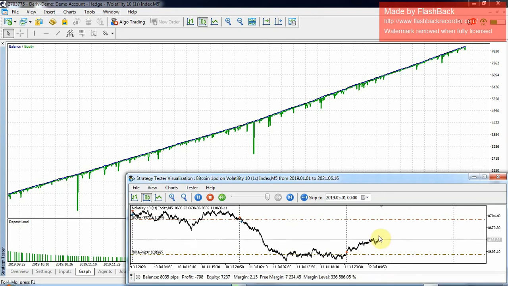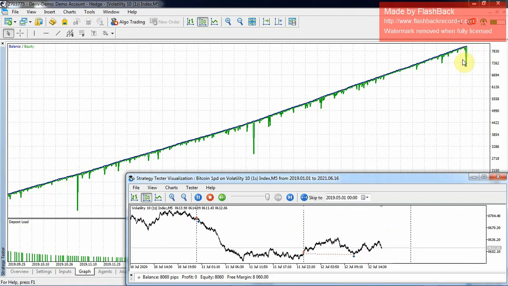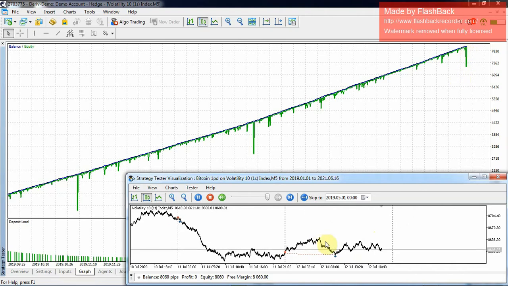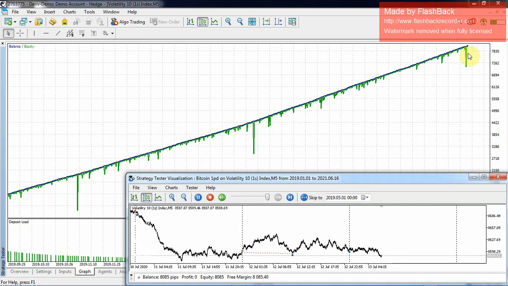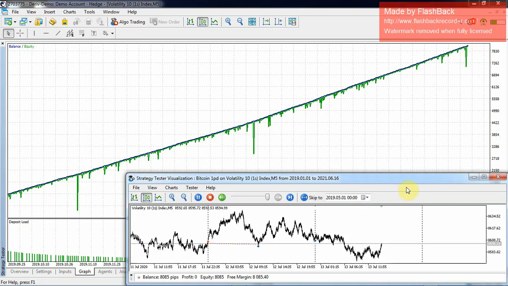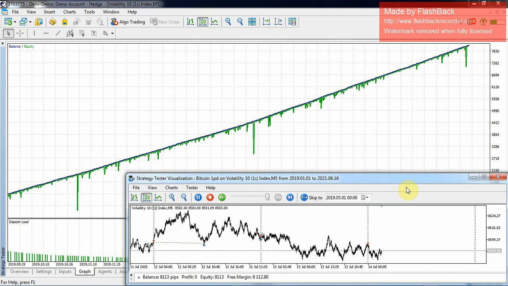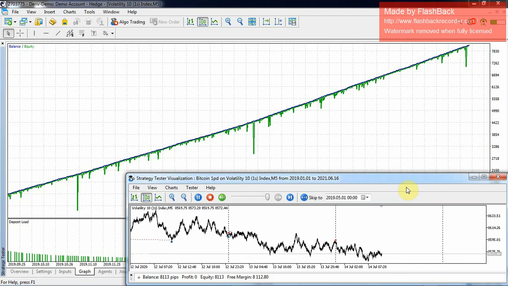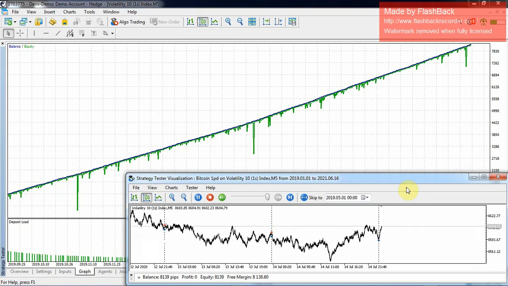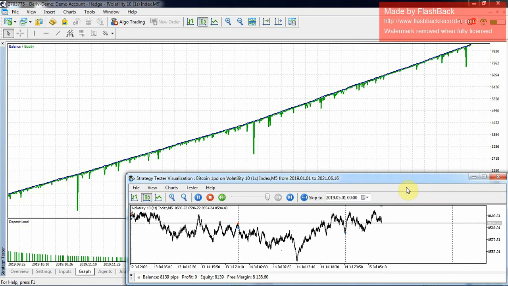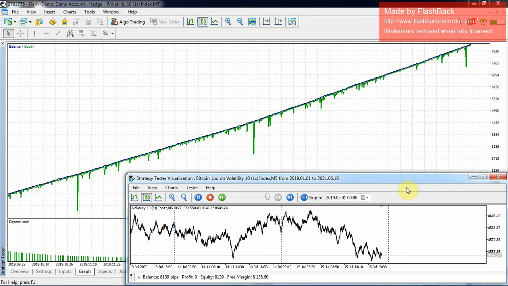Okay, that trade had a big drawdown. But it closed within a day. It's a rough market. 15th July.